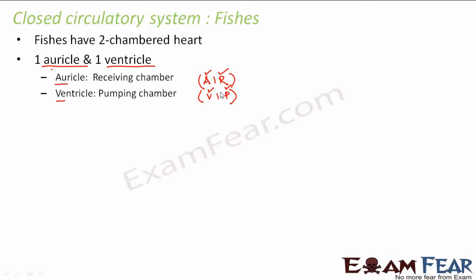Like this you can remember that auricles are the receiving chambers and ventricles are the pumping chambers. Blood enters into the auricle and blood goes out from the ventricle. In order to keep the incoming blood and the outgoing blood separate, the heart has been separated into two different types of chambers. Now, how does the blood flow, or how does this transportation take place in the case of fishes?